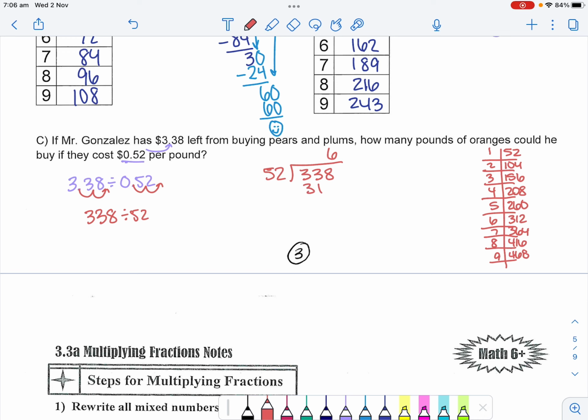So 312. 8 minus 2 is 6. 3 minus 1 is 2. And I'm going to add my decimal and a 0. And then 260 is going to be 5 times. So happy face 0. So I'm going to say 6.5 pounds.